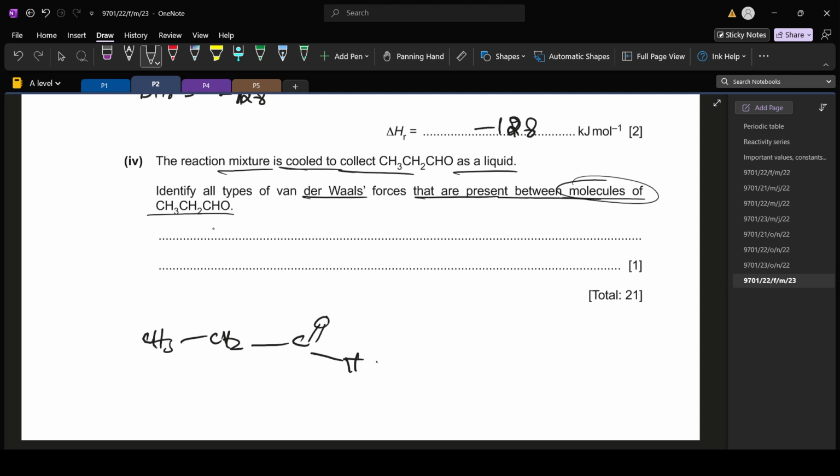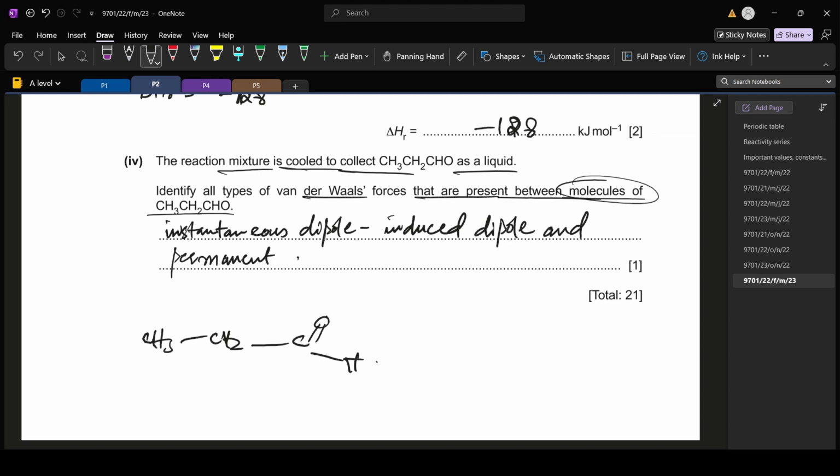Okay, so instantaneous dipole, induced dipole, and permanent dipole forces.